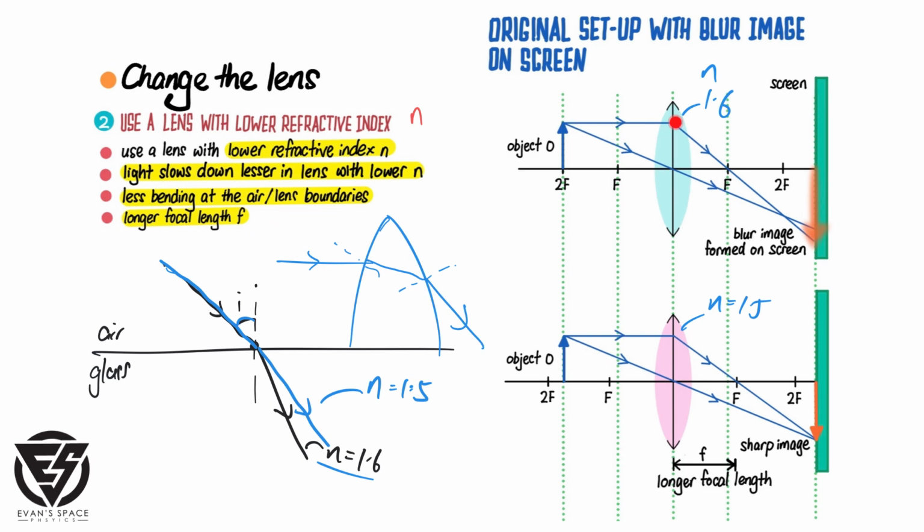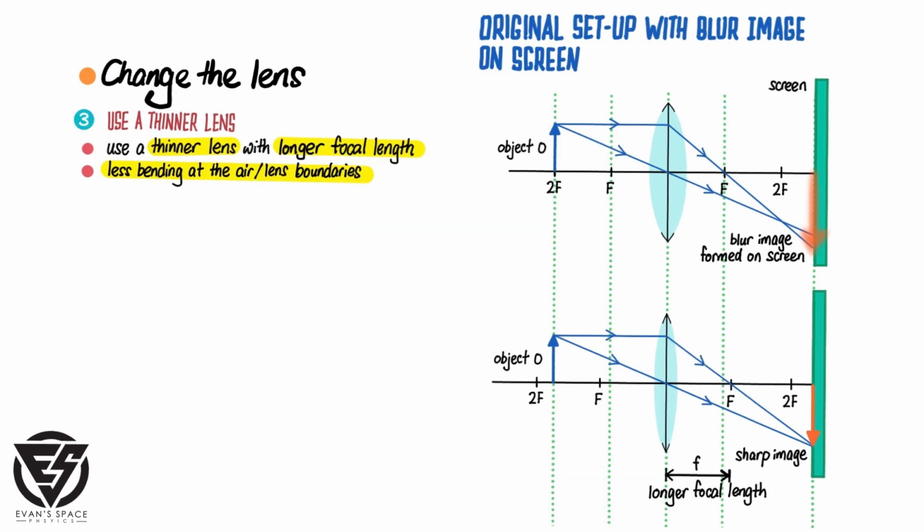That's why you have this direction here. So take note of that. The bending of light, the refraction, takes place at the air-glass boundary. Next is still on changing the lens, but we will keep the refractive index the same, the same type of glass.